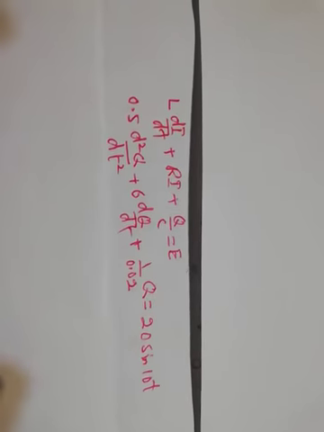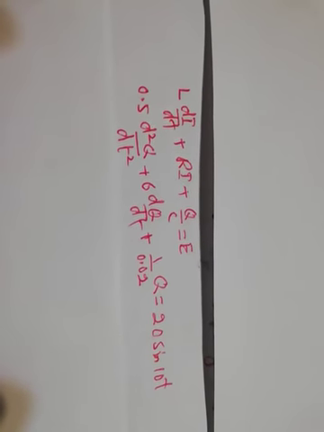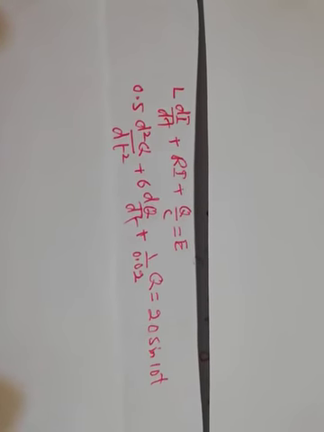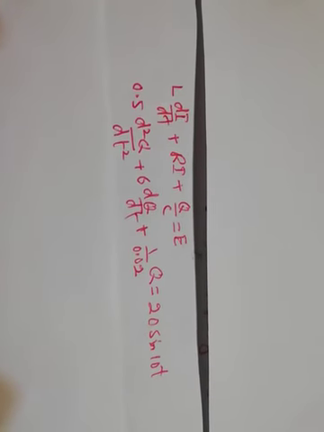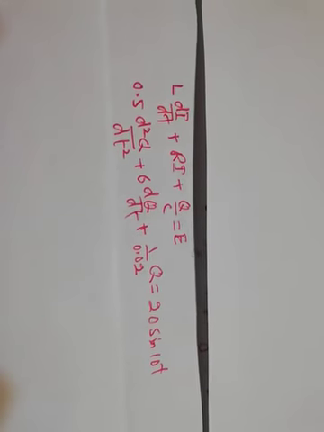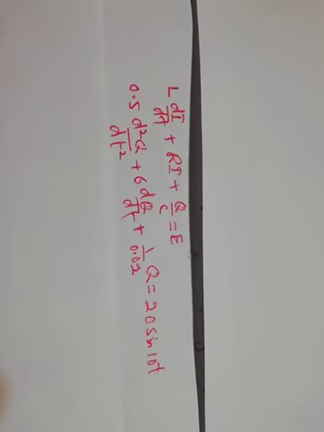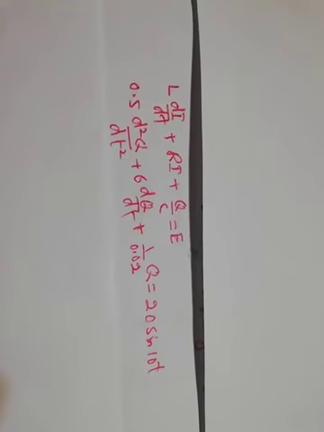Now substituting the values, it will look like 0.5 times d squared q by dt squared plus 6 dq by dt plus 1 by 0.02 q is equal to 20 sine 10t.